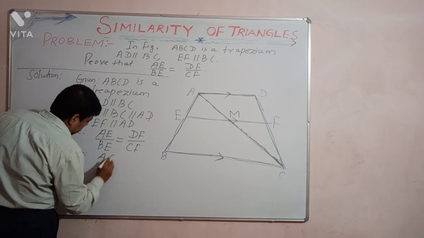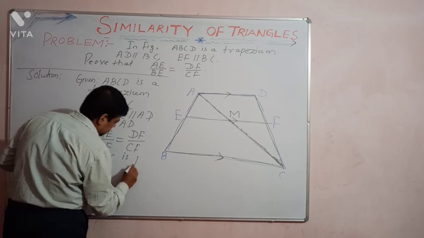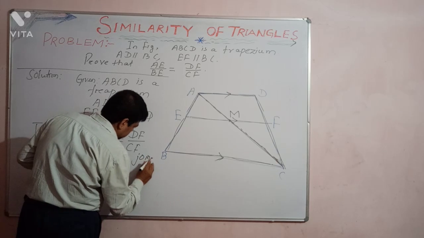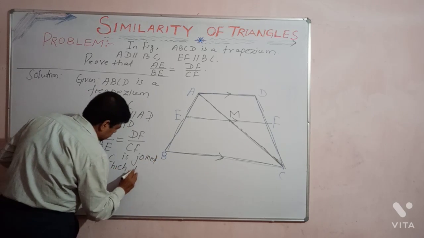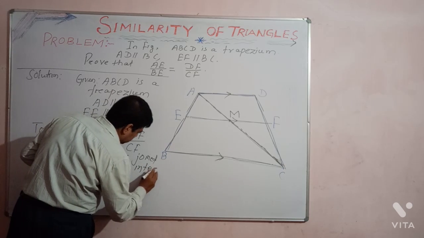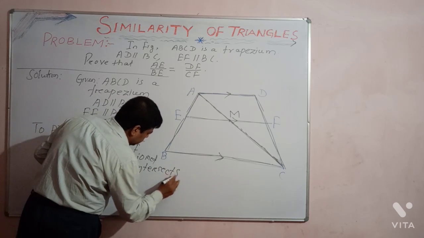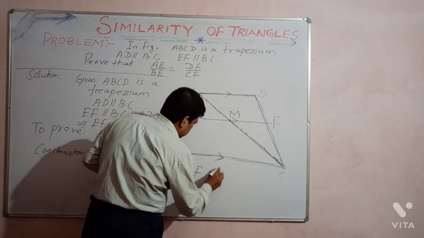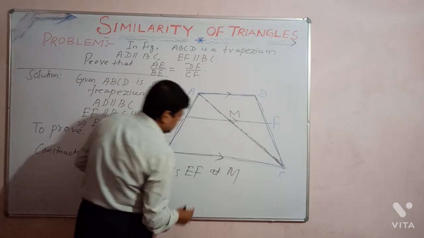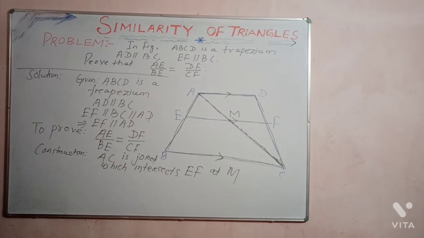Here AC is joined, which intersects EF at the point M. Okay?